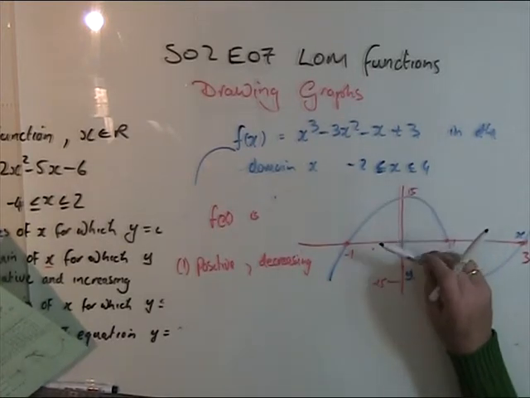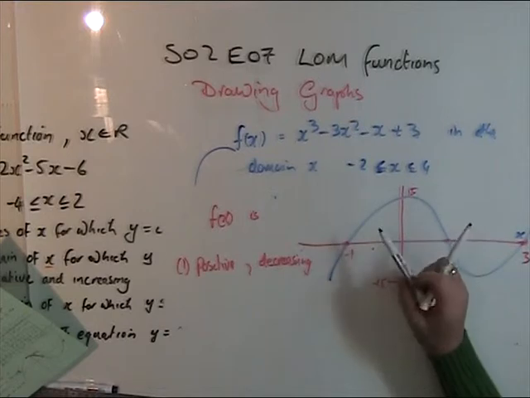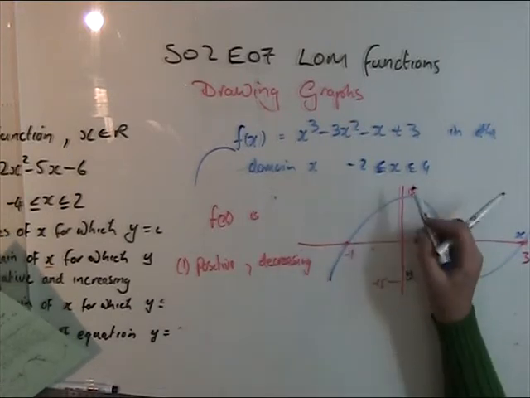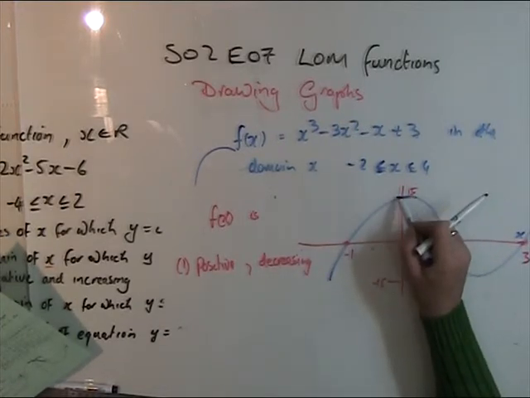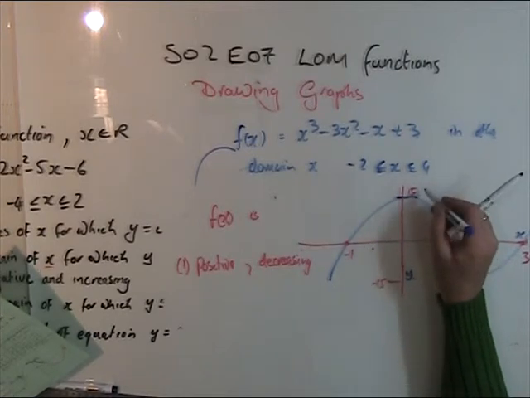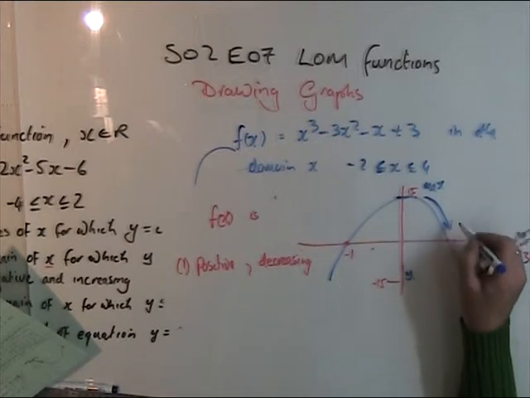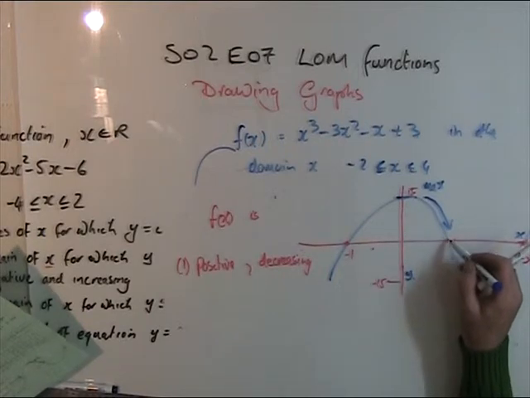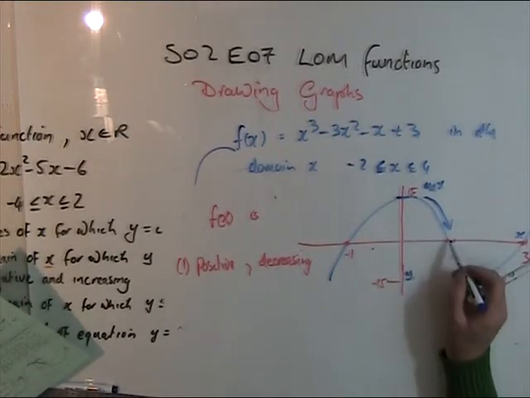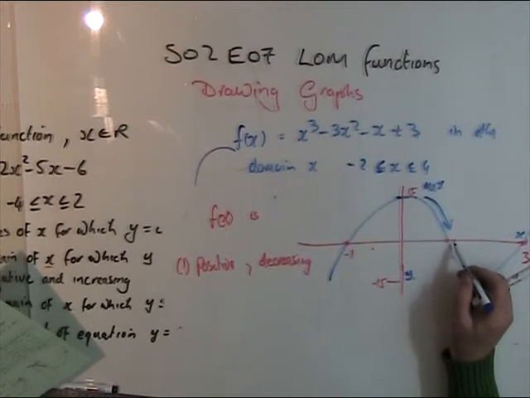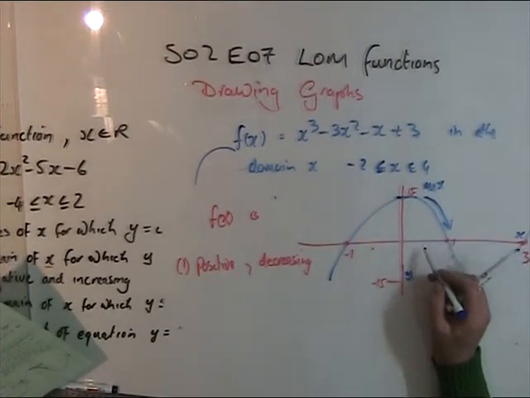And where is it increasing? Well, it's positive and decreasing. At the very top of this, where the maximum turning point is, it's going down. And when you get to 0, it's still decreasing. It keeps going down. It's positive, but is it positive below here?